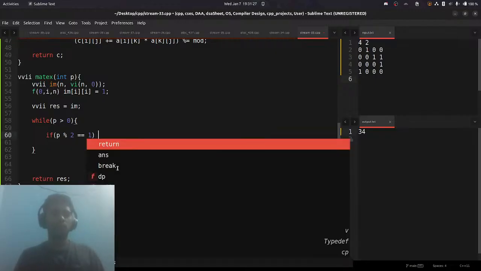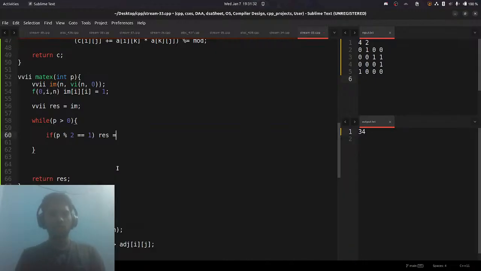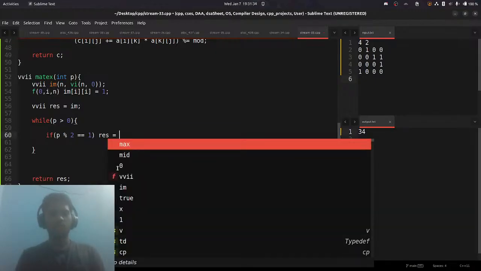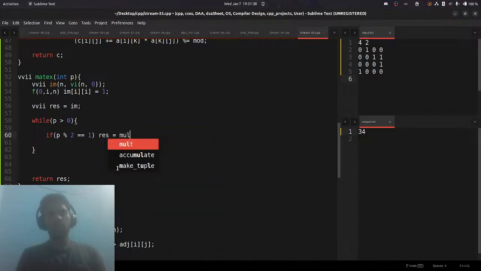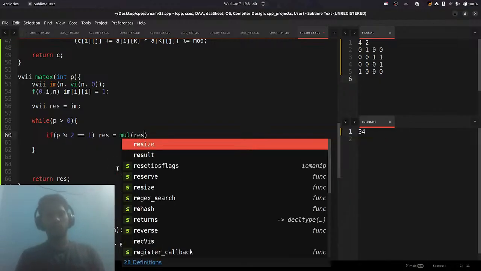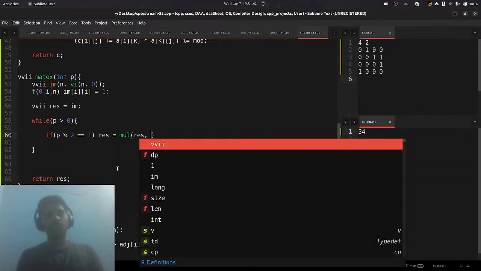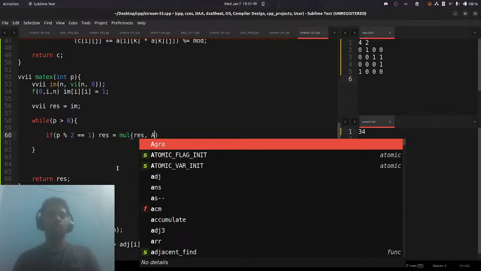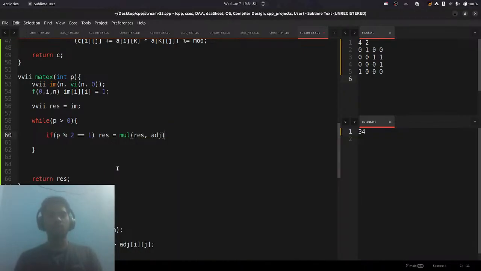So what we do, we will do this, res equal to multiply res and a, or whatever adjacency.